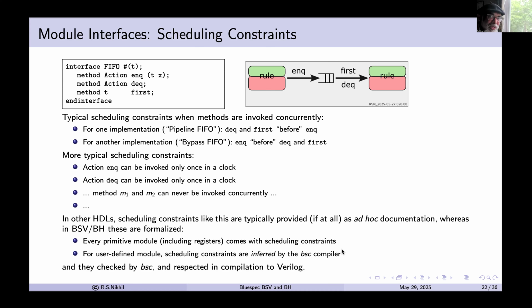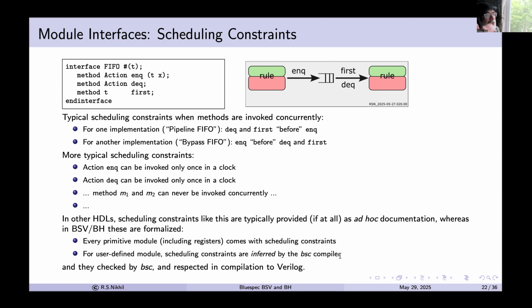What scheduling constraints do for you here is that they formalize this in constraints that are known to the compiler and respected by the compiler while it is producing the code. So it starts with whatever primitives we have in the BSC library, which come with the scheduling constraints. These primitives are, like all primitives, implemented by magic.